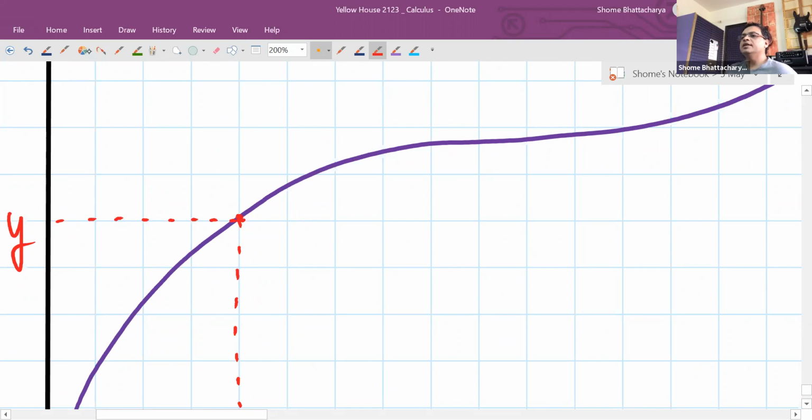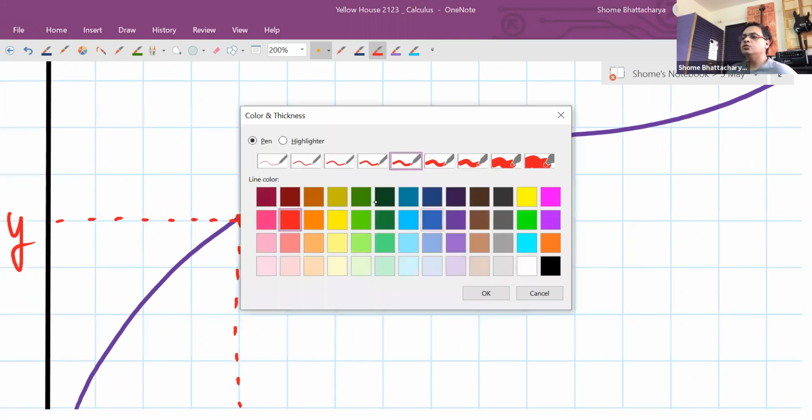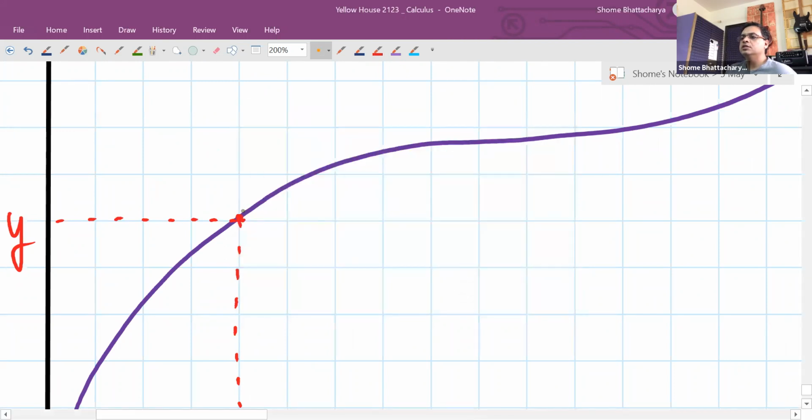Now I'll have to imagine that I have another point which is very, very close to this. So let's say that point is this one. It's so close that it's almost merging. So when I look at the x coordinate at this point, I'm only shifting along the x-axis by a very, very small amount.